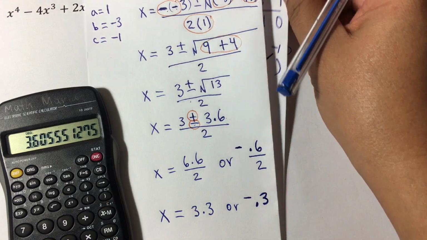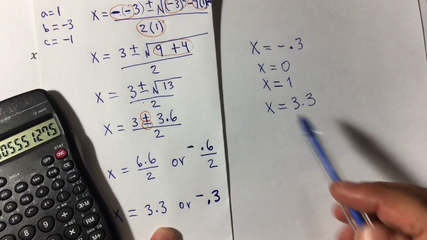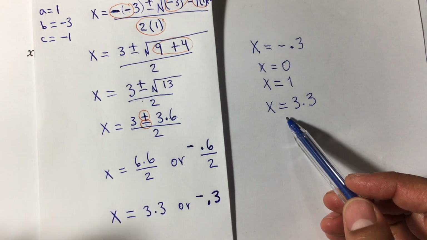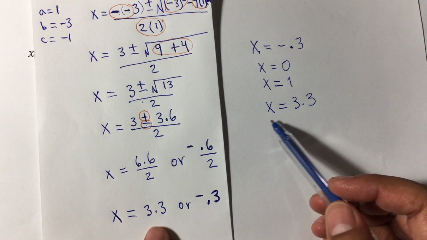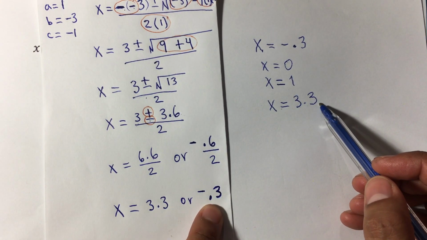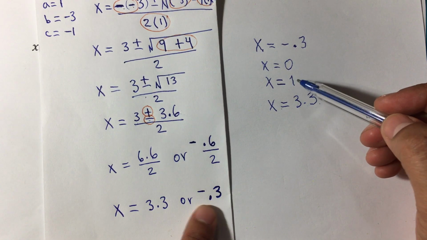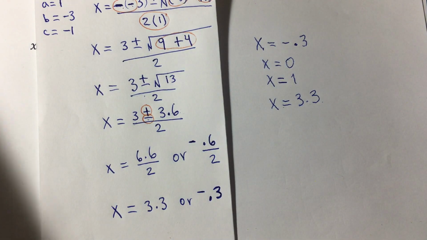And if you notice, for the answers that we found on the graph with Desmos.com, and it's not a commercial, but it's very helpful, 3.3. The other one is negative 0.3. 0 and 1, how do we find that? Let's go back here.